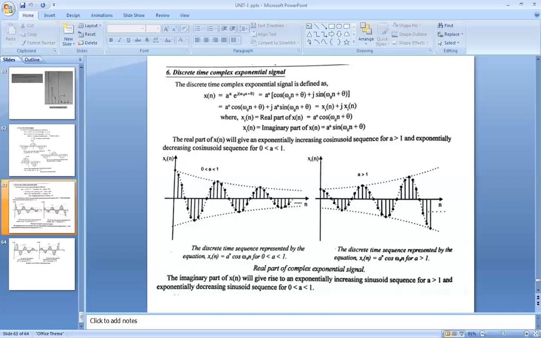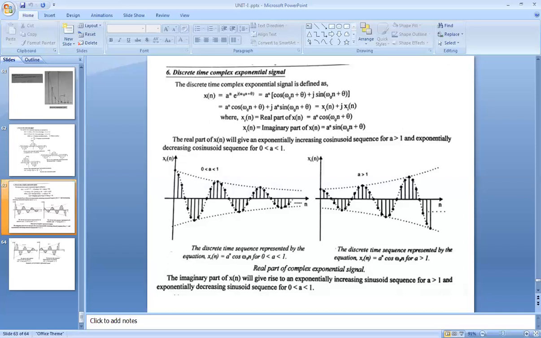The real part of the complex exponential signal is written like this: xr of n is equal to a raised to n cos of omega 0 n. Here in the first graph the value of a lies between 0 to 1, and in the other graph the value of a is greater than 1.